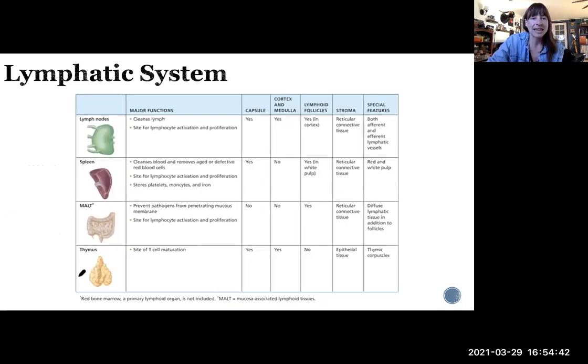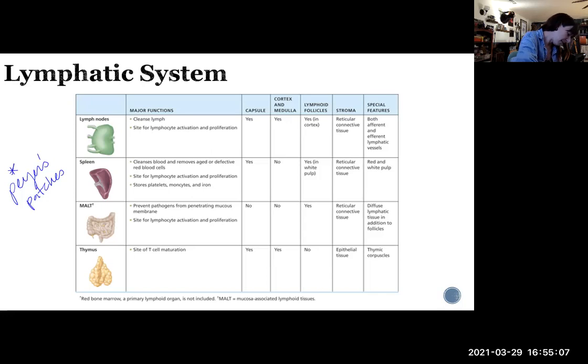Here is a breakdown of your lymphatic organs: your lymph nodes, spleen, MALT, and thymus. Your appendix is not here. And the Peyer's patches, those are not here either. So remember, you also have Peyer's patches, right? And your appendix, right?